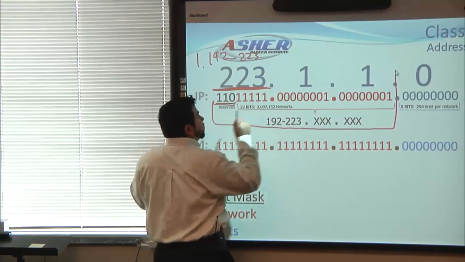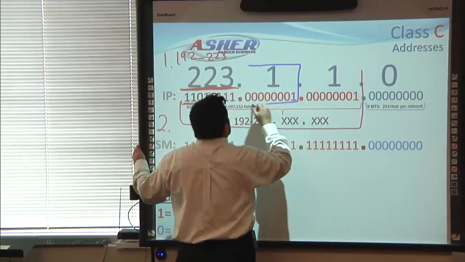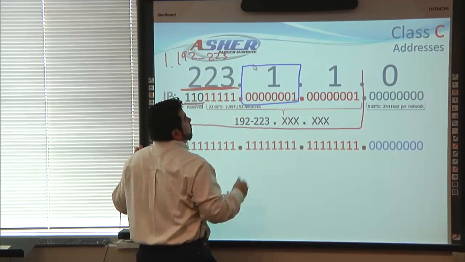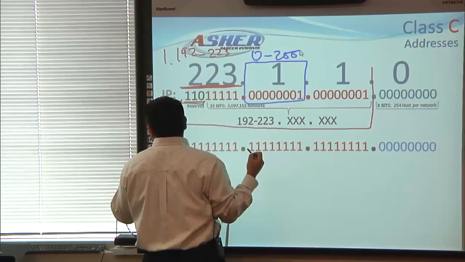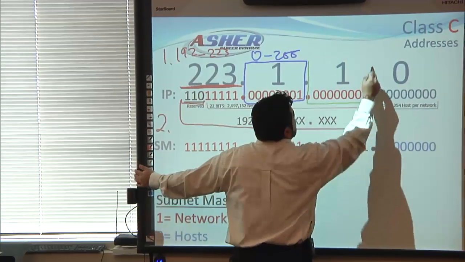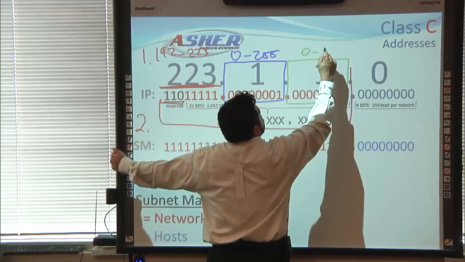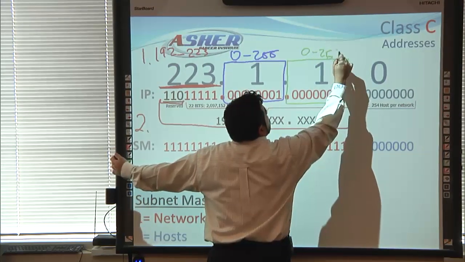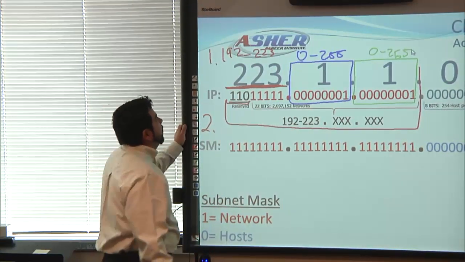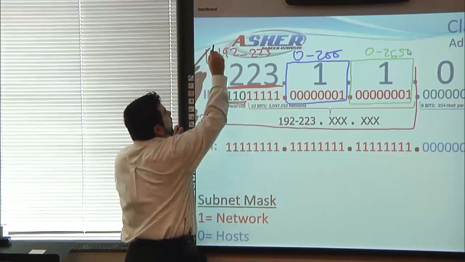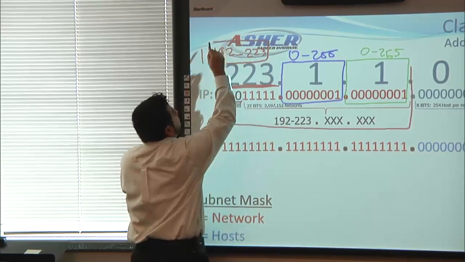No longer is it just the first, no longer is it the second. So what numbers can I have in this octet right here? 0 to 255. And what numbers can I have in the third octet here? 0 through 255 again. Okay. Now in this first octet, I can only have the numbers within this range.